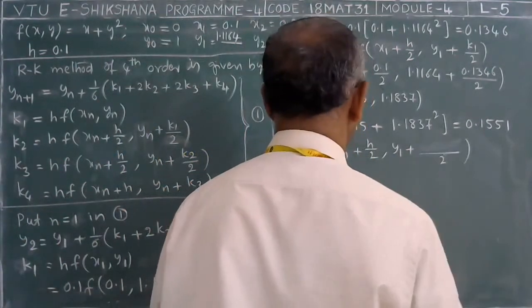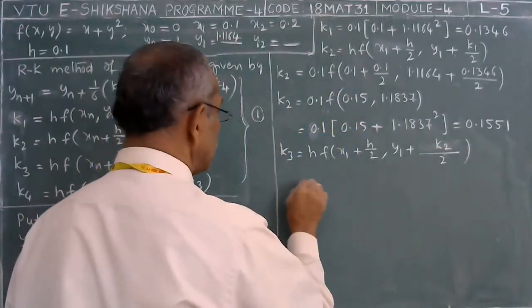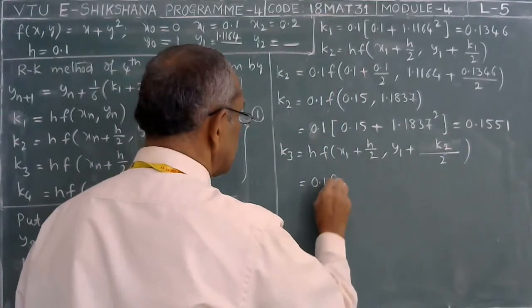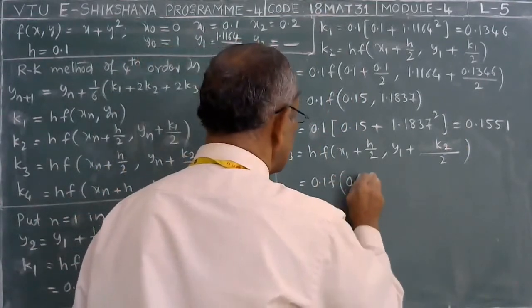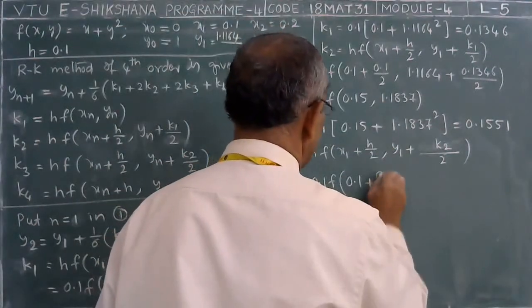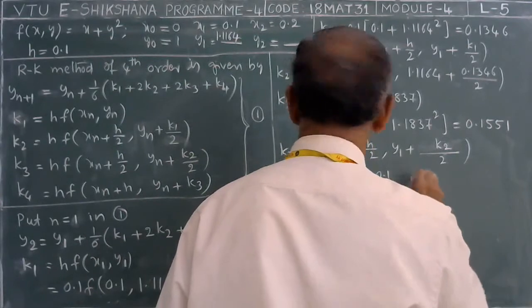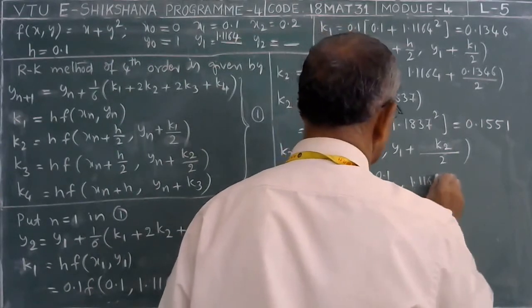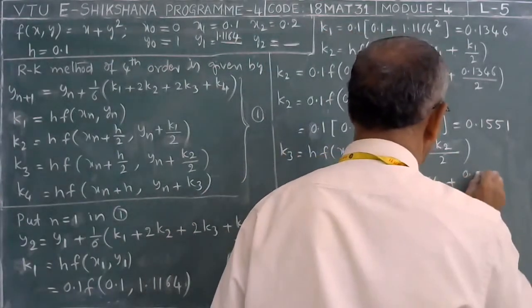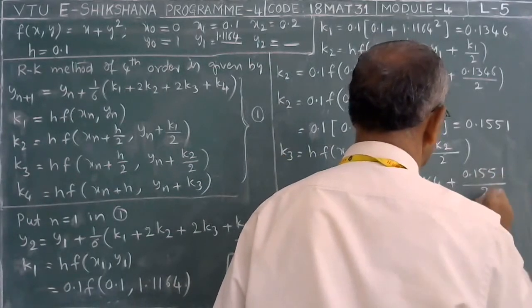This is k2 by 2. Now substitute the values. So h is 0.1 into f of x1, which is 0.1, plus h by 2, 0.1 divided by 2, comma, y1, 1.1164, plus 0.1551 divided by 2.